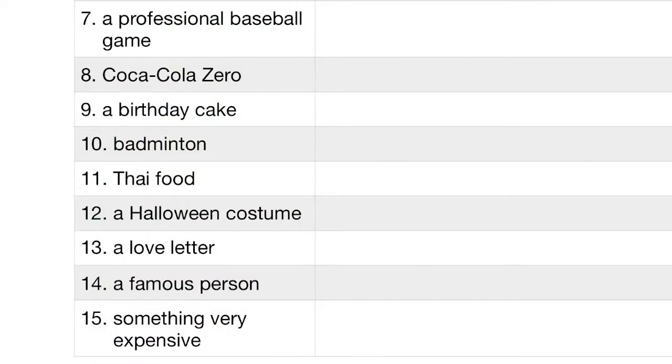So the choices are badminton, Thai food, a Halloween costume, a love letter, a famous person, something very expensive. Your choice. Any of these, make a question. Okay, Severa, have you ever sold something very expensive to a famous person?